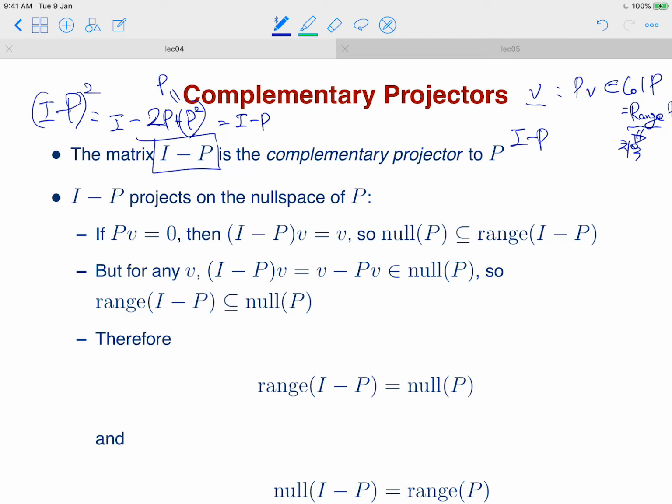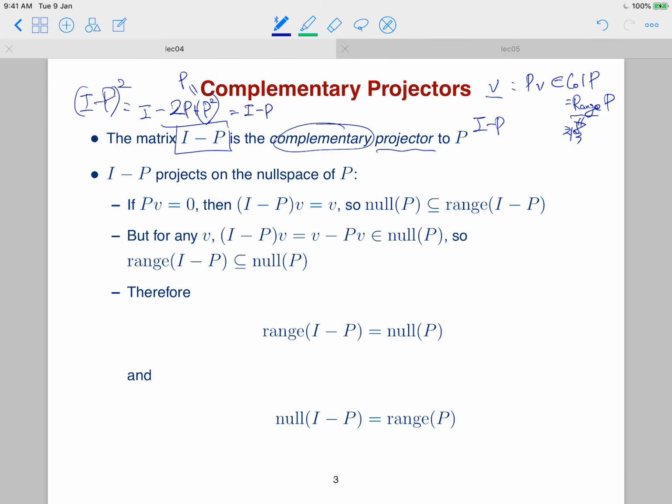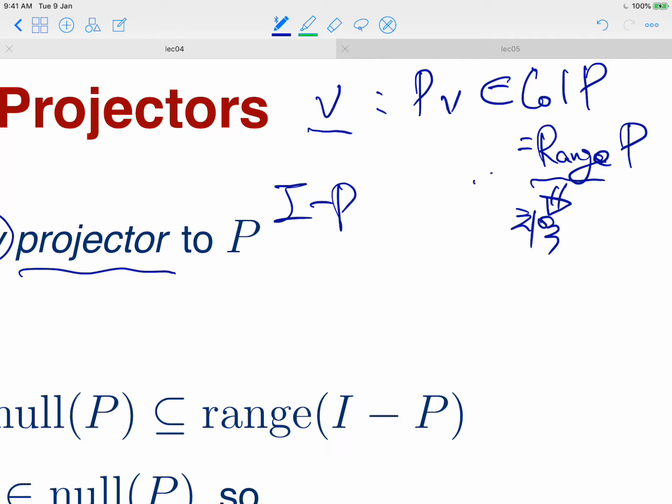Okay, so I minus P is a projector, and more importantly, it is called a complementary projector. And the reason is because we can think of the range of the initial projector P, and we can think of this other projector, which is I minus P, and then what about its range?